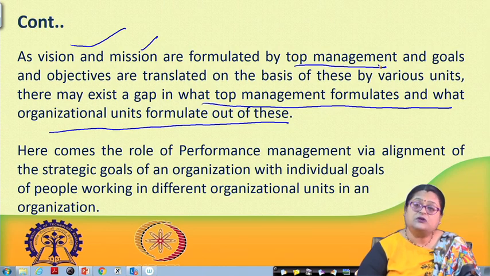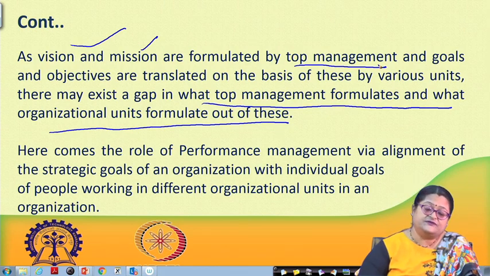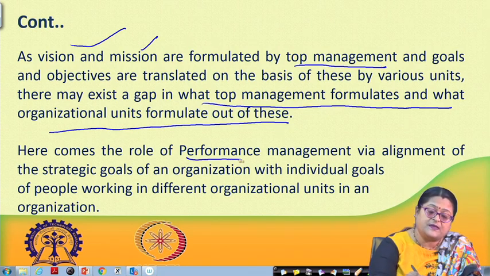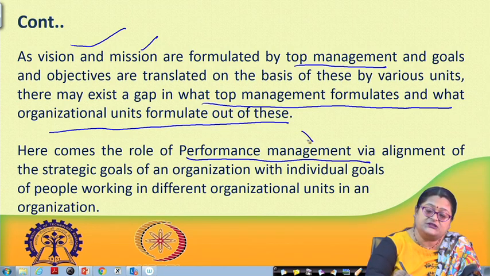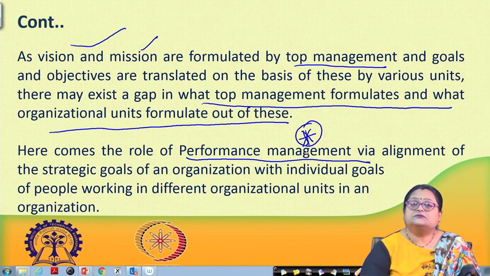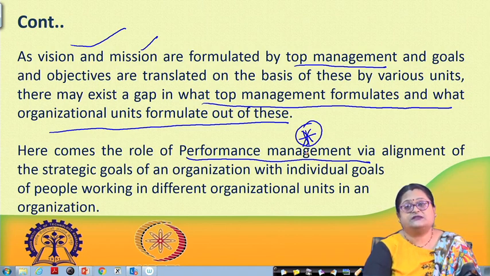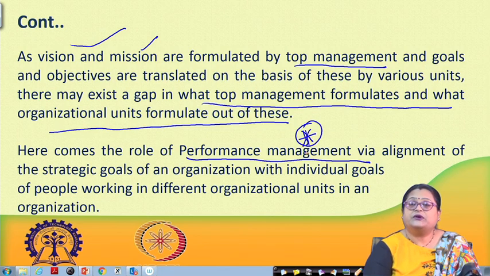The role of performance management is very important over here, because performance management is that system which helps in the alignment of the strategic goals of the organization with the individual goals of the people working in different organizational units.